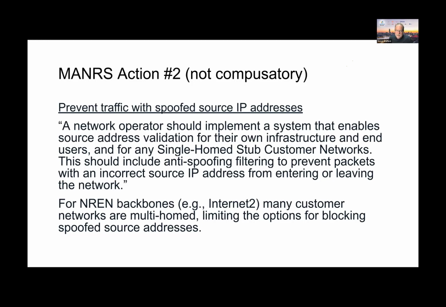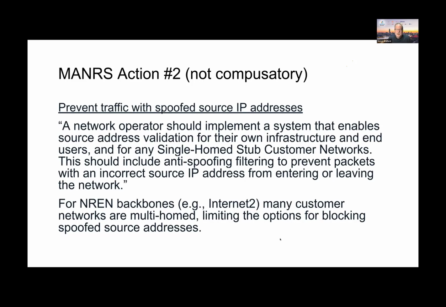However, it is very straightforward to do for our customer networks. So it's not required for MANRS to do this. It's not practicable for many of the NRENs to enforce this universally across their network, but it is very straightforward for the individual university campuses to enforce this.